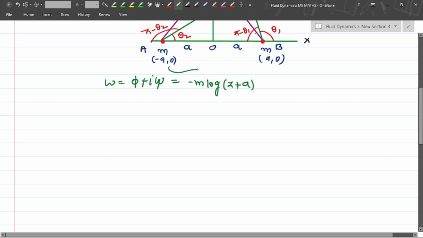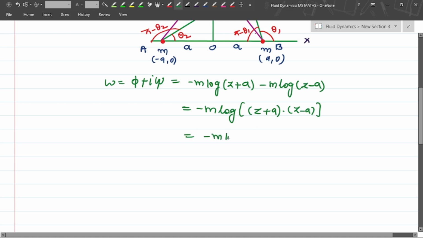It means that for the source at minus a, 0 coordinate, the equation is minus m log z plus a, and for the other it is minus m log z minus a. So we can write this as minus m log of z plus a, and taking minus common, by the logarithmic property we can put it into a multiplication, that is z minus a. So minus m log of z plus a into z minus a.